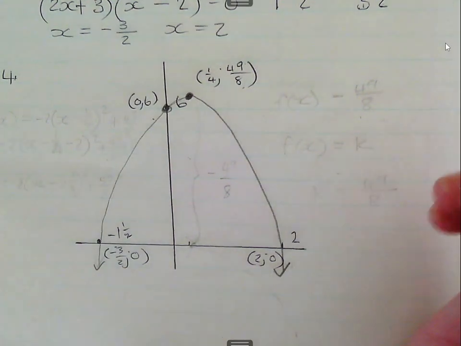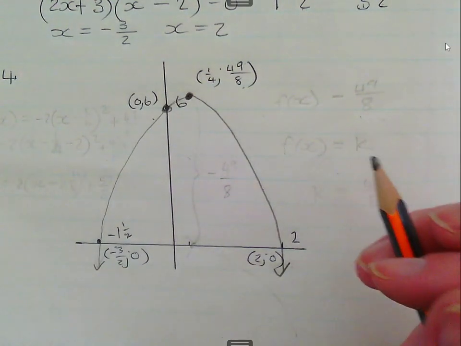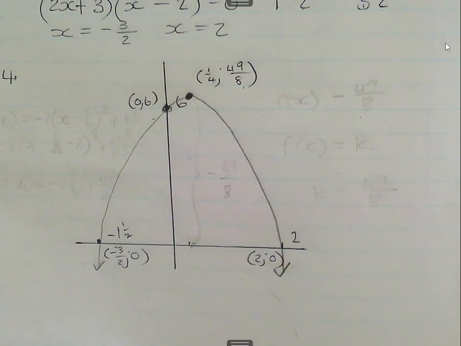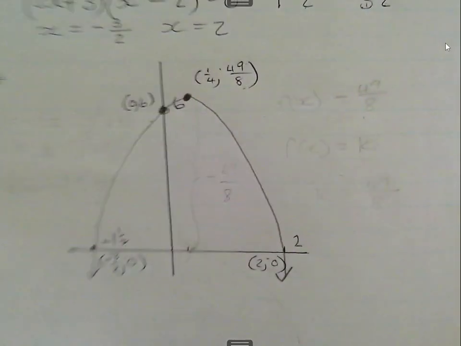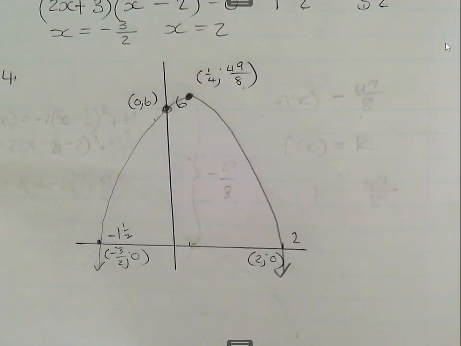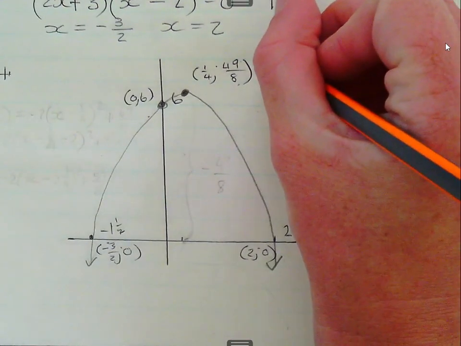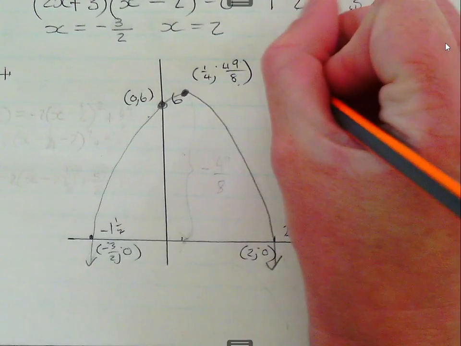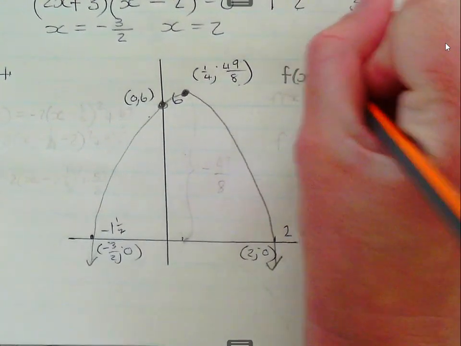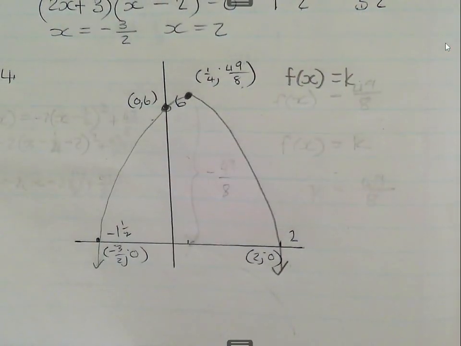The next question is a very important question that I want us to talk about. They're asking you about a k value. They're saying determine the values of k so that f of x equal to k has got equal roots. Now let's talk about this first.